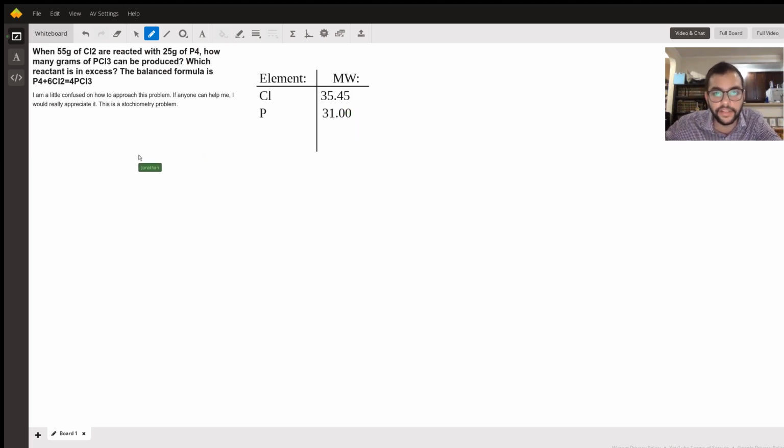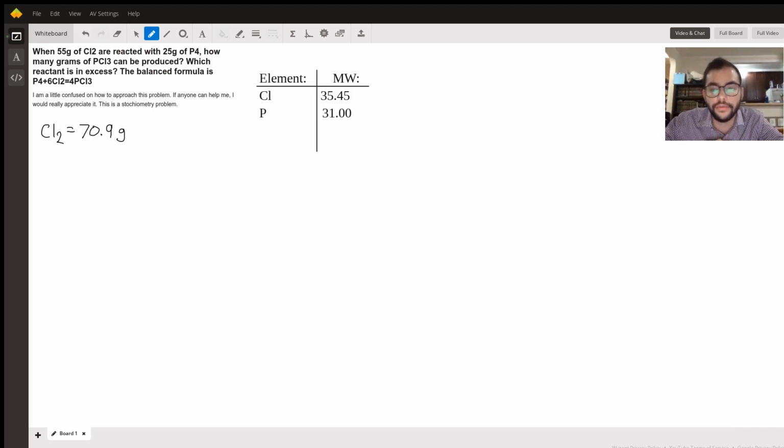If we do that, we find that the weight of 1 mole of Cl2 is 70.9 grams.